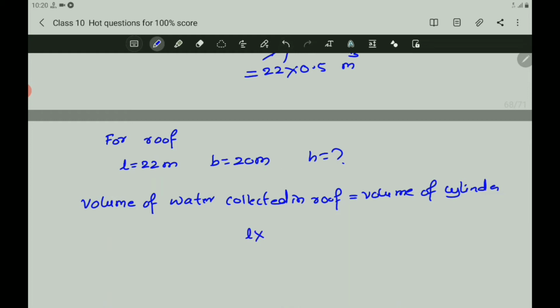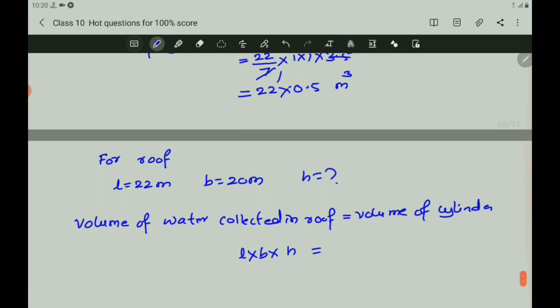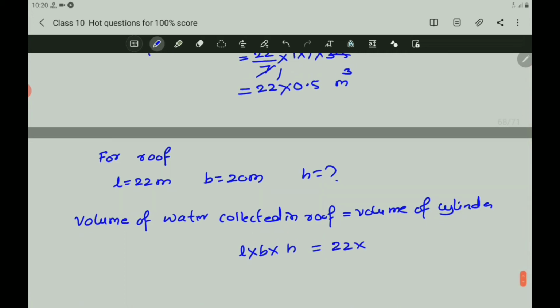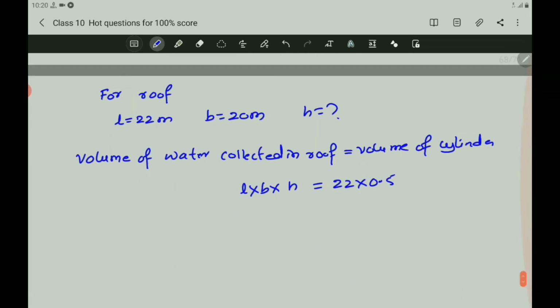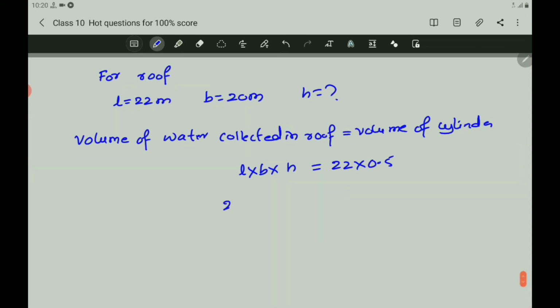So you can have L into B into H, that equals volume of the cylinder, that is 22 into 0.5. Then L is given, that is 22 into B, B is 20 into H equals 22 into 0.5. Here you substitute the values of L and B. Then here we have to find out the value of H. Then you transfer this 22 into 20 to the RHS.